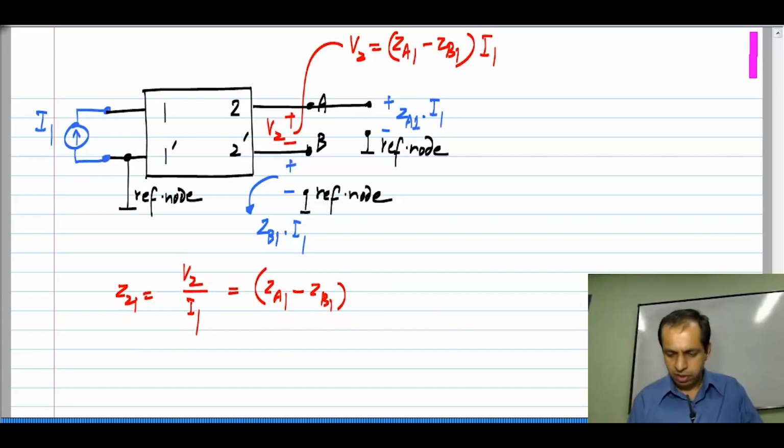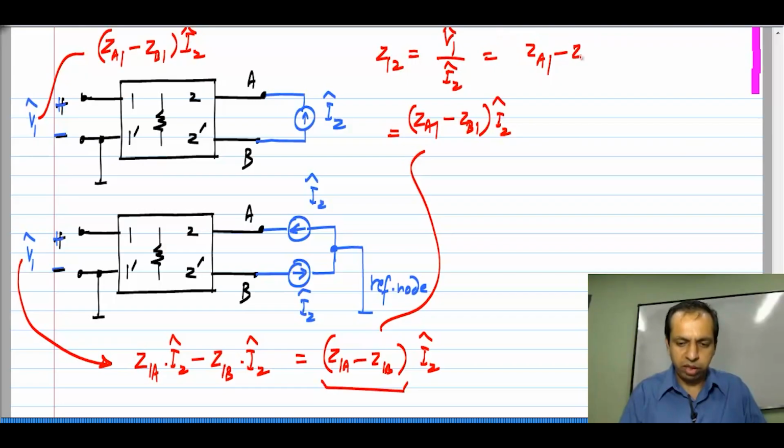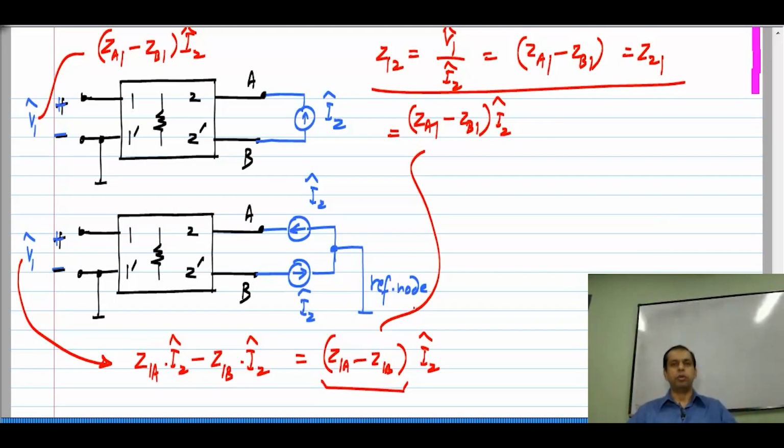And the parameter Z12 would be V1 hat by I2 hat in this circuit, which is also ZA1 minus ZB1. So, that is equal to Z21. So, by a simple extension, we can prove reciprocity for a general 4 terminal resistive 2 port.